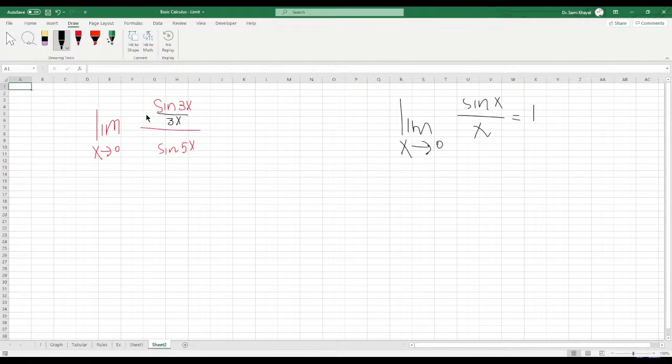If I divide it by 3x, I need to multiply it by 3x. I need to divide the other by 5x, and if I divide it, I need to multiply it by 5x. Now, what will happen? This x will eat this x. This is 1, and this is 1. The final answer will be 3 over 5.